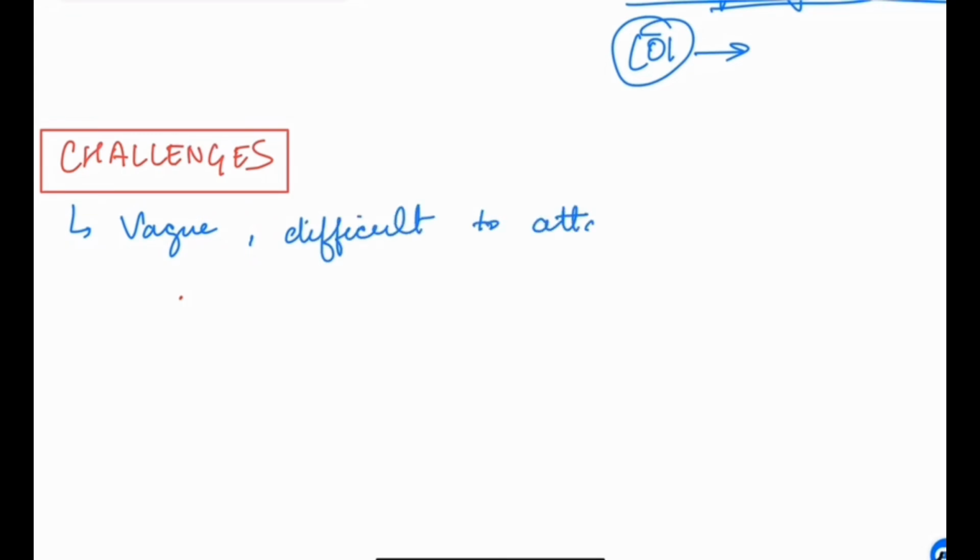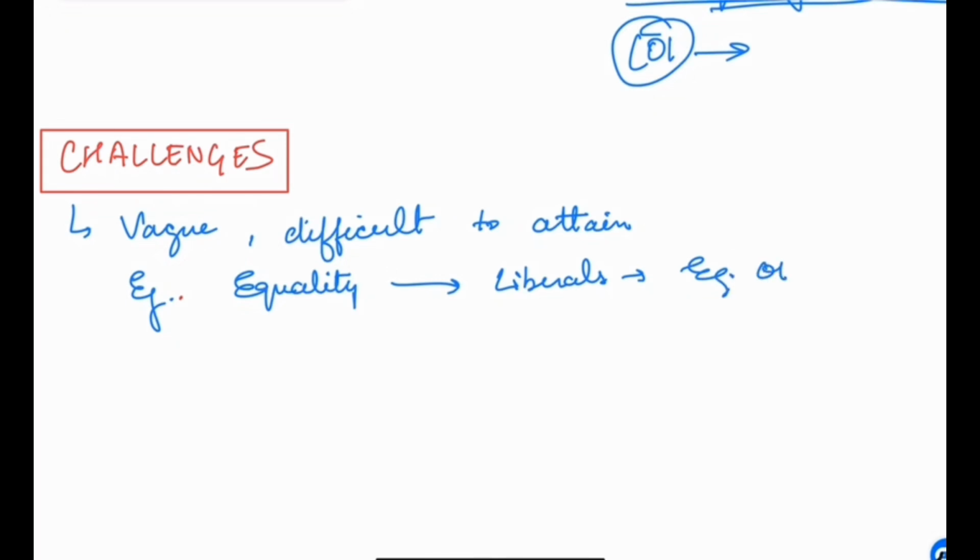For example, let's take equality. Now, liberals would say equality of opportunity.